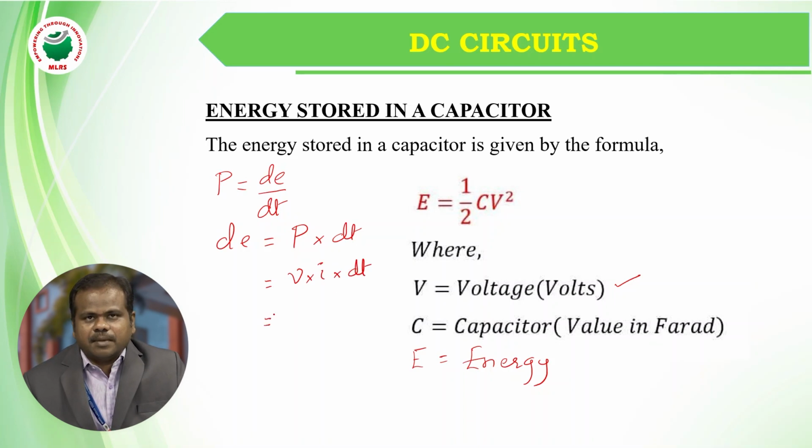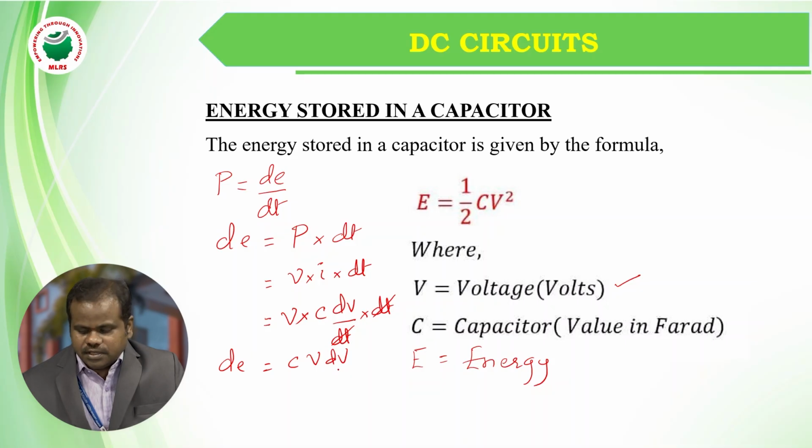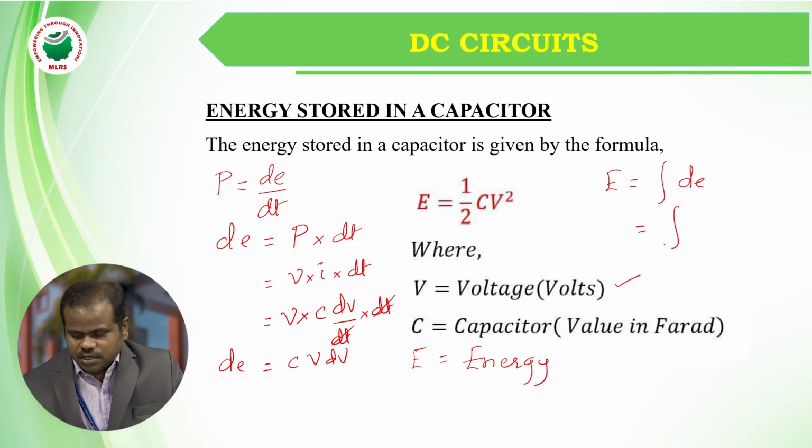The current through the capacitor is given by I equal to C into dV by dt. So therefore, dE is equal to CV dV. So in order to get the total energy that is stored by a capacitor E, it is given by integral of dE, which is equal to integral of CV dV.